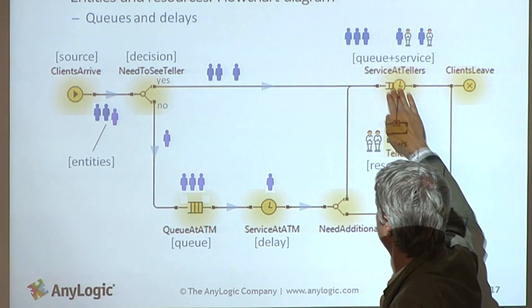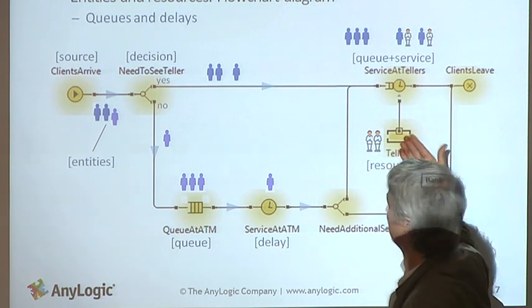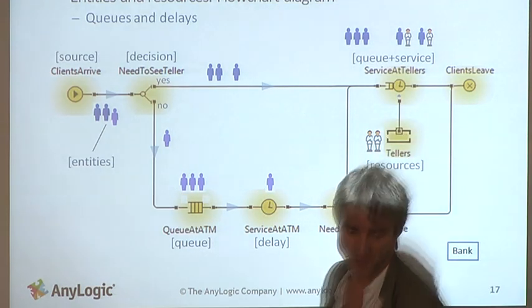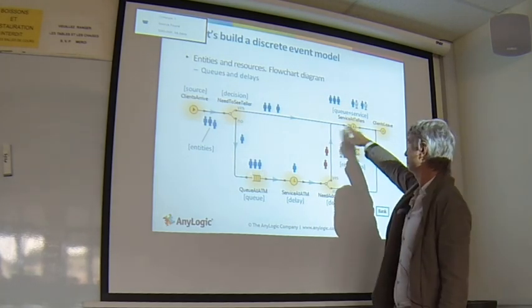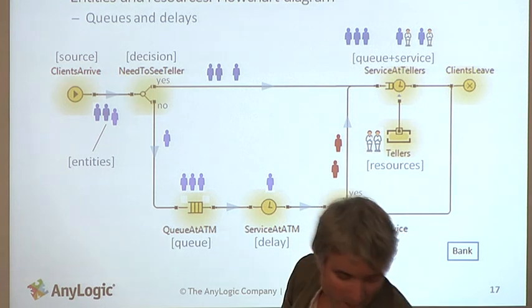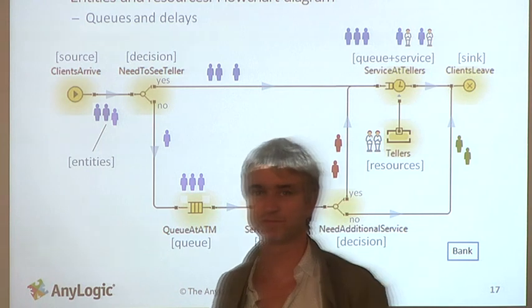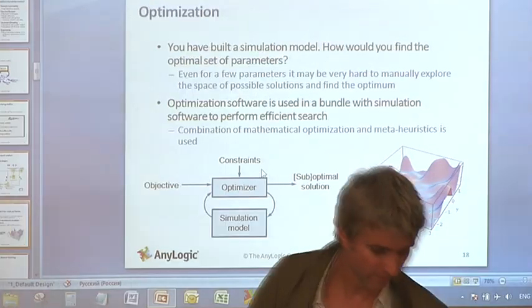So again, delay, queue, and the capacity of this delay block is controlled by the number of tellers. Resource, delay, and queue. People who have used the ATM may also need to see the tellers, so there's this part of the flow. Otherwise, people just walk out of the bank. It's a very simple process, and we're going to build it in Anylogic.